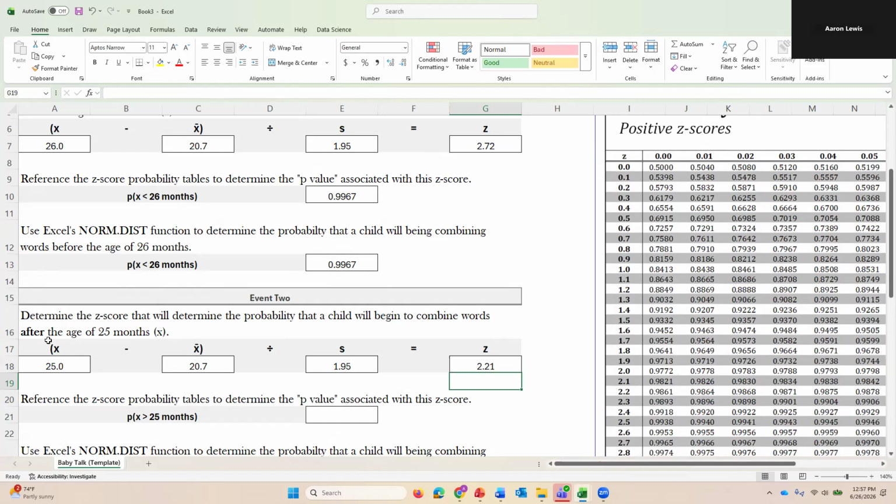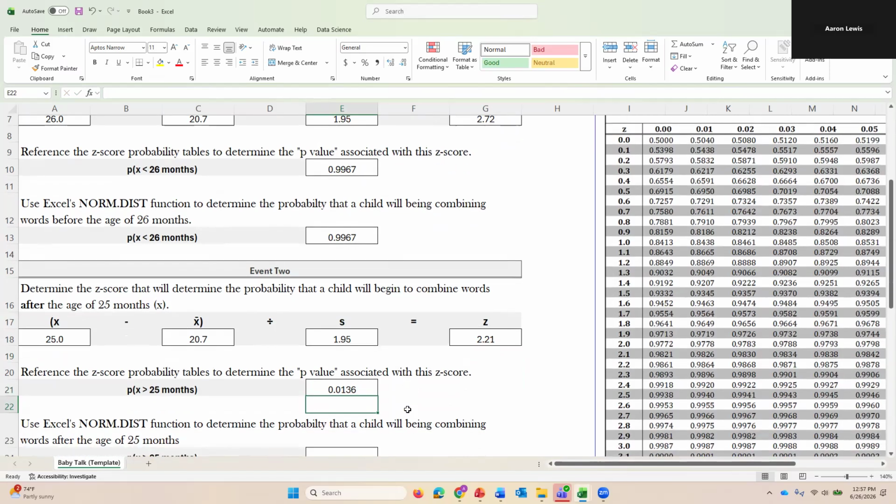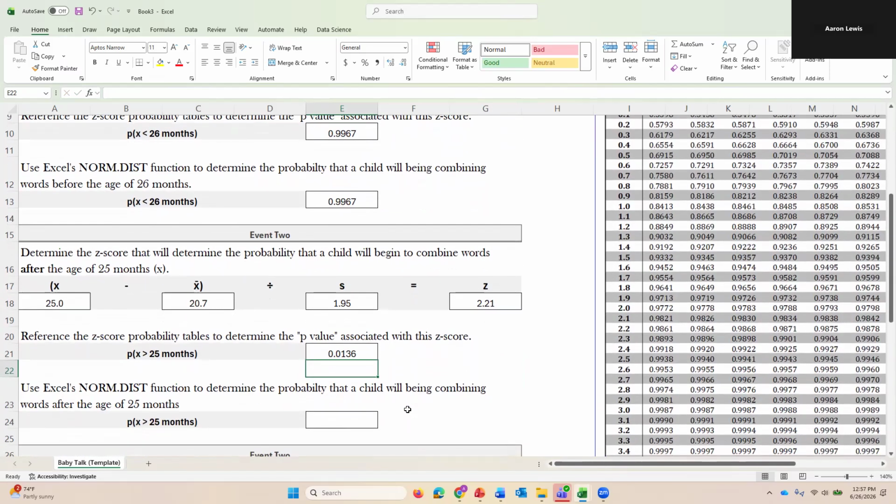So for an after question, instead of just using the number that gets pulled from the table, you use 1 minus this number. So this is going to equal 1 minus 0.9864, and that comes out to 0.0136. So there's a very small chance that it's going to take at least 25 months for any one given child to start speaking in sentences.